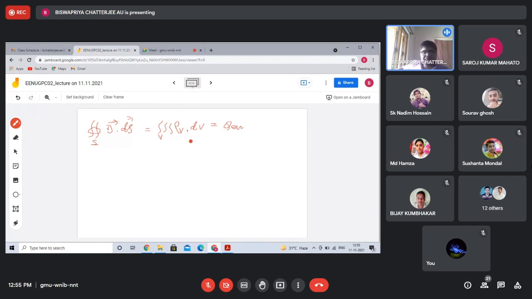So rho v dV, it is the expression. This is the mathematical formula.